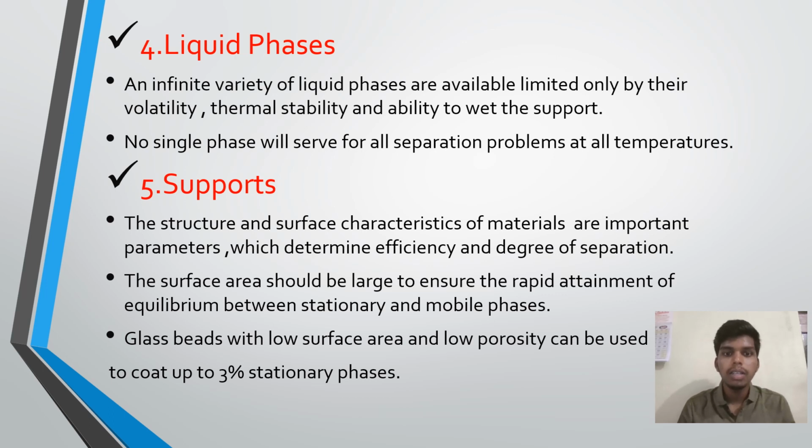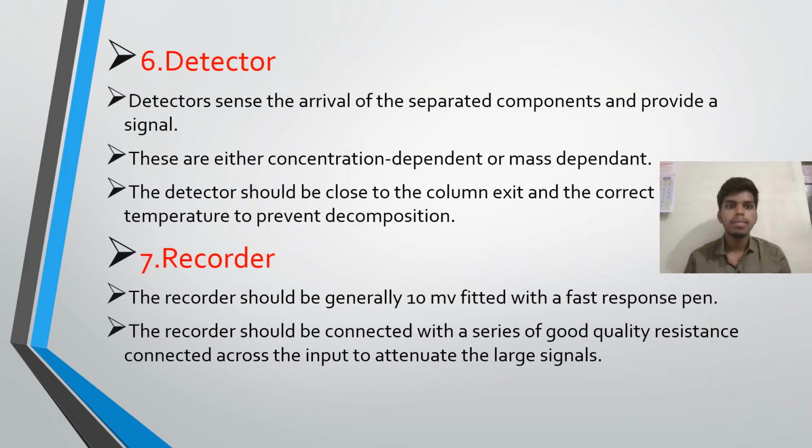The surface area must be large to ensure the rapid attainment of equilibrium between stationary and mobile phases. Glass beads with low surface area and low porosity can be used as supports for stationary phases.